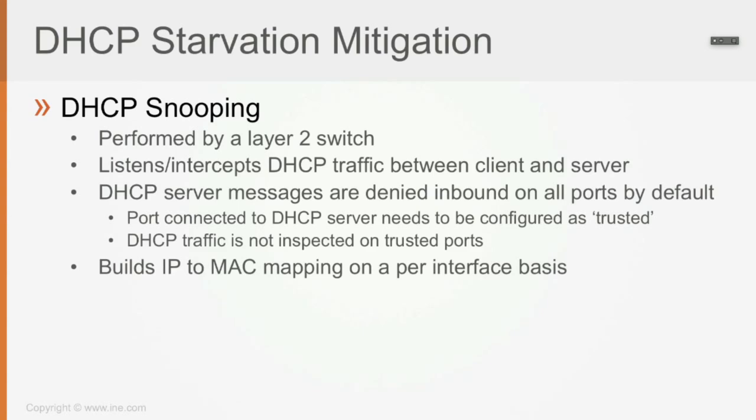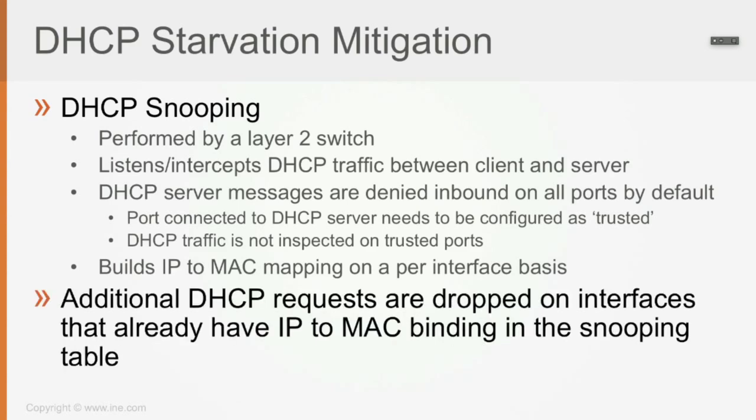And now how can you defend against a rogue DHCP client which can deplete the pool on the DHCP server? It is by the fact that as soon as a client on a port of the switch in the VLAN where snooping is enabled gets an IP address from the DHCP server, then all further inbound DHCP requests on that port are going to be dropped by the switch. And that makes sense.